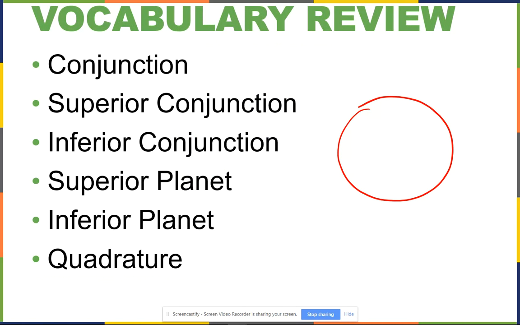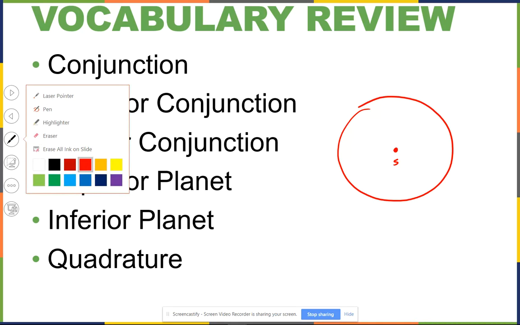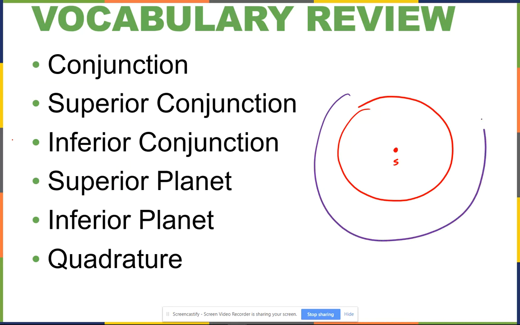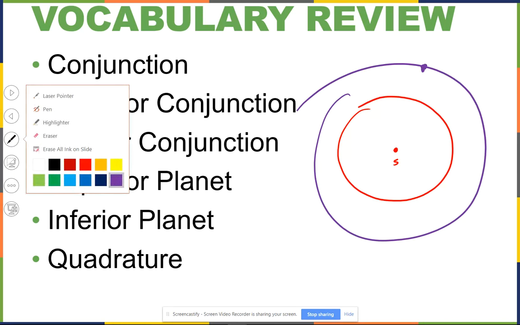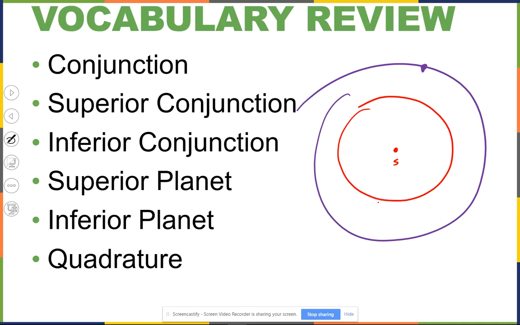Okay, so here's the sun at the center, and we have one orbit, and then let's make another orbit that is like this. If you are on this planet and you see this planet here, then that is going to be a conjunction because it's along this line.